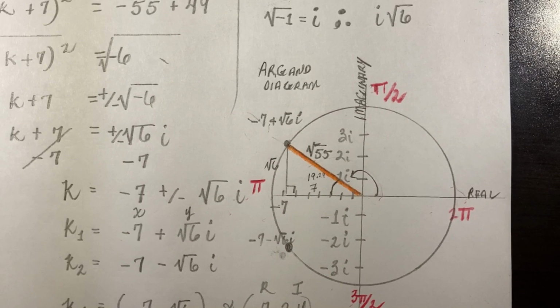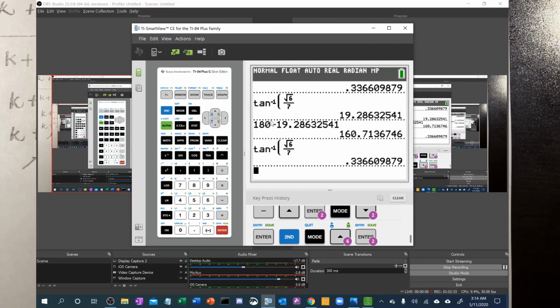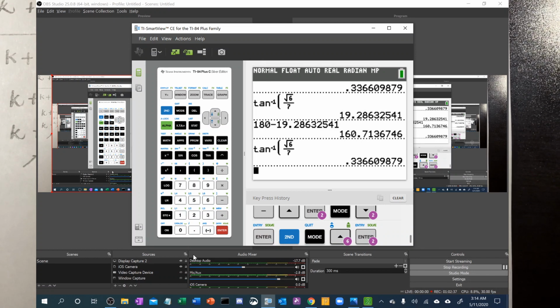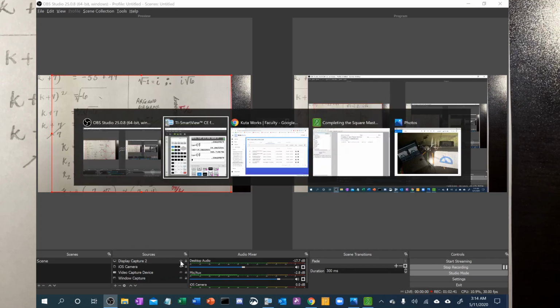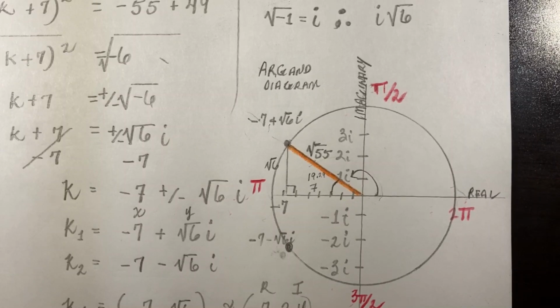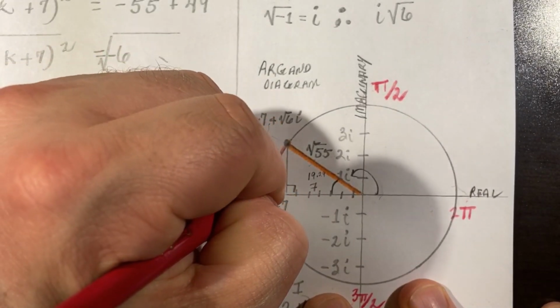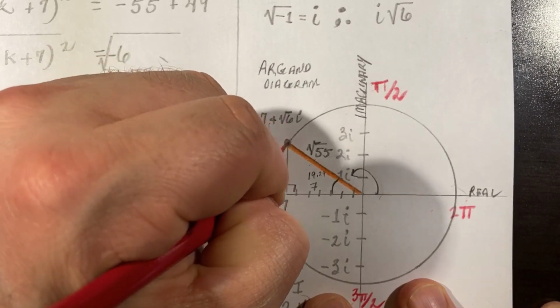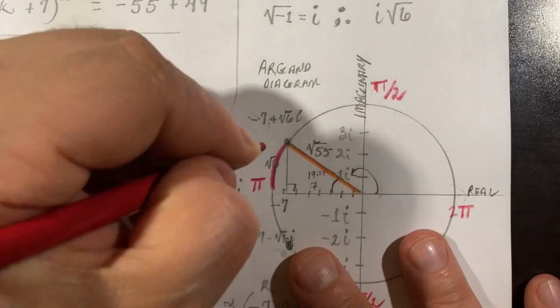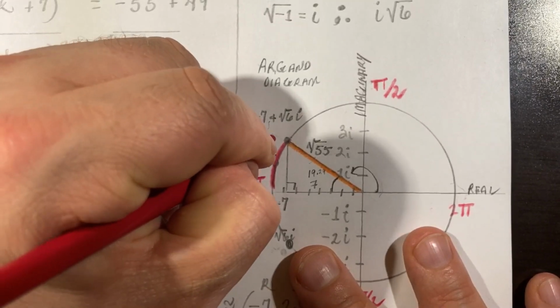Because basically you found this arctan of 0.3366. Let me show this to you again. You need to see it. This arctangent of 0.3366, let me show you exactly what that means. Let's go back here. What that means is that this portion of the arc is represented by 0.3366.